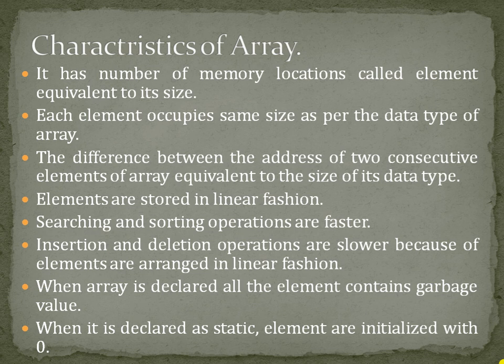The difference between the addresses of two consecutive elements of an array is equivalent to the size of its data type. It means if we have an integer array of 5 elements, then the address difference between the first element and the second element will be 2 bytes.